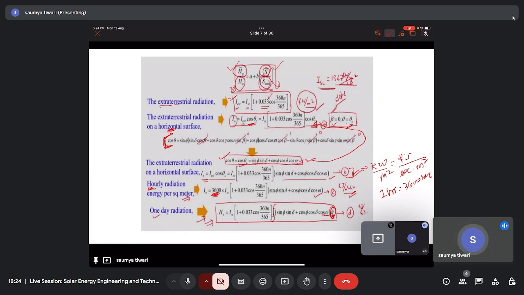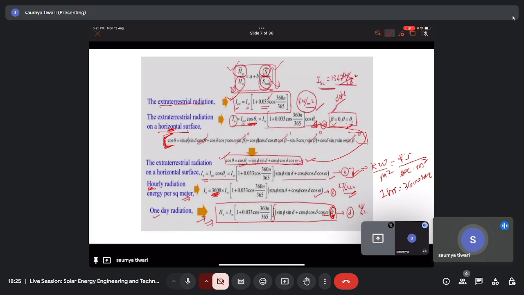For extraterrestrial radiation, we have already studied this formula: extraterrestrial radiation equals isc, the solar constant, into 1 plus 0.033 cos of 360 into n upon 365. On a horizontal surface, a cos theta z factor will be included, where cos theta is the long formula we studied way back in previous lectures.